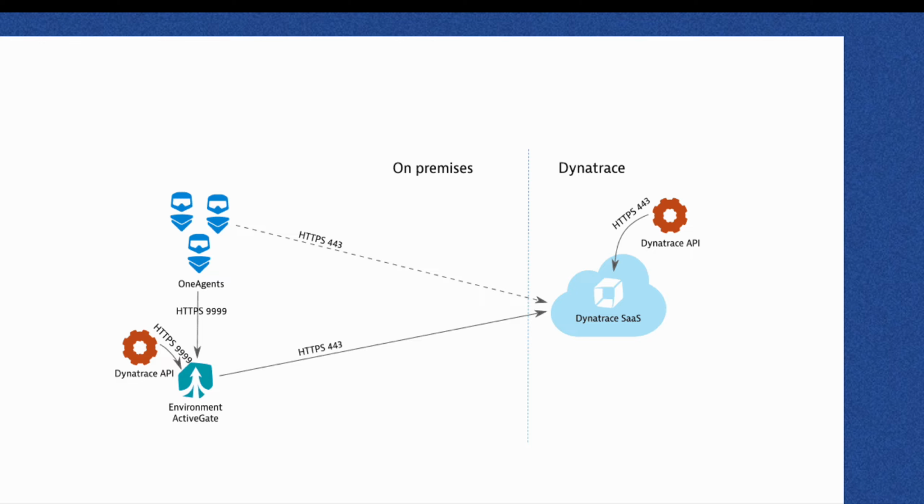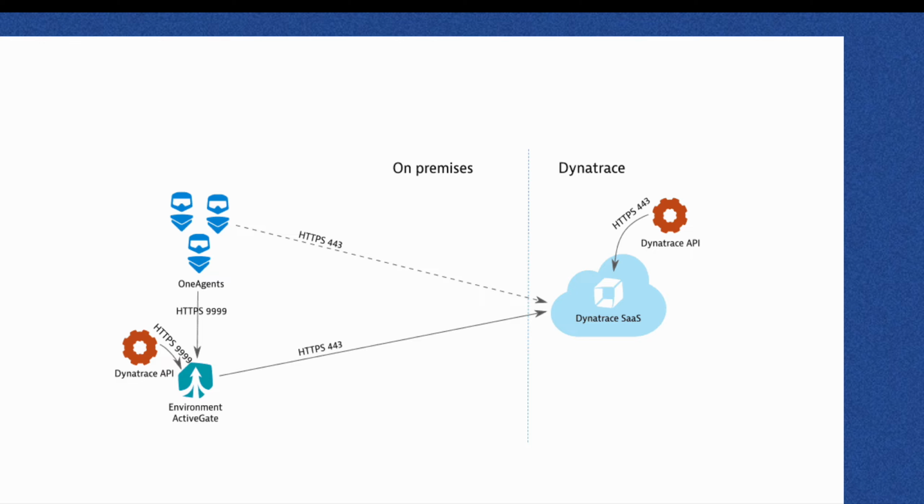Proxy functionality, second thing. And it can be cloud or on-prem, as you have seen. It is also used for integrating third-party tools, which we have also seen. So ActiveGate aggregates data from OneAgent and provides a secure connection to the Dynatrace backend, and it can also handle external integration.